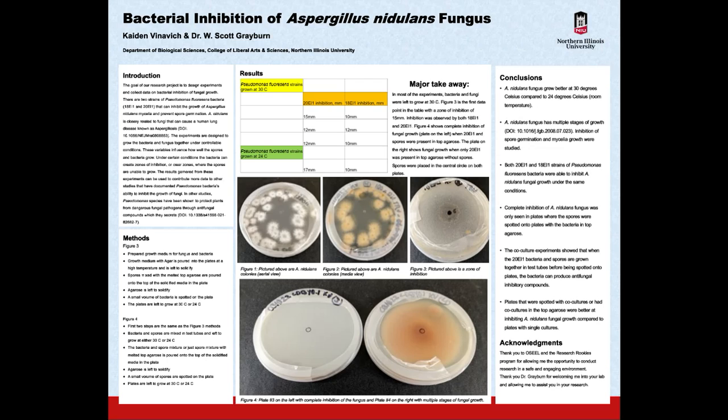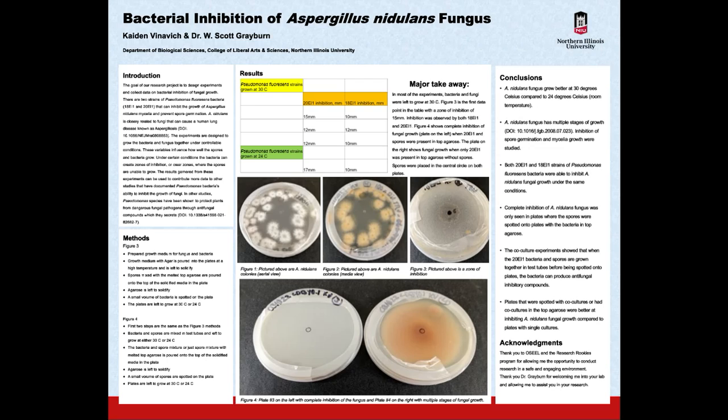So if we go to the middle of the poster here, the table shows measured clear zones by both 18 and 20EI1. Most of these experiments were done where the plates were left to grow at 30 degrees Celsius. Figure 3, which is the small picture on the right, shows a plate of 20EI1 with a zone of inhibition in the middle of the plate.